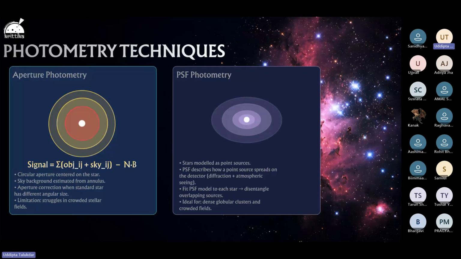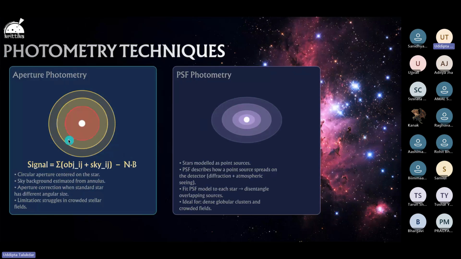So let us do a quick comparison between aperture photometry and PSF photometry. Here the method is we sum up the pixels in the circle, but in PSF photometry we fit a model to the star. We assign a model to a particular star. Aperture photometry is best for isolated stars, and PSF photometry is best for crowded fields.